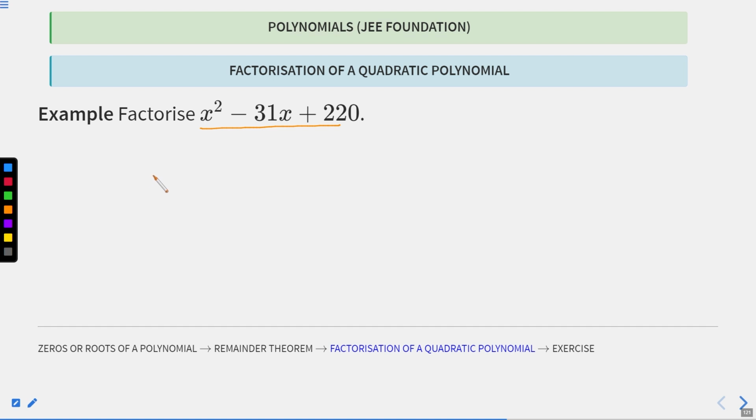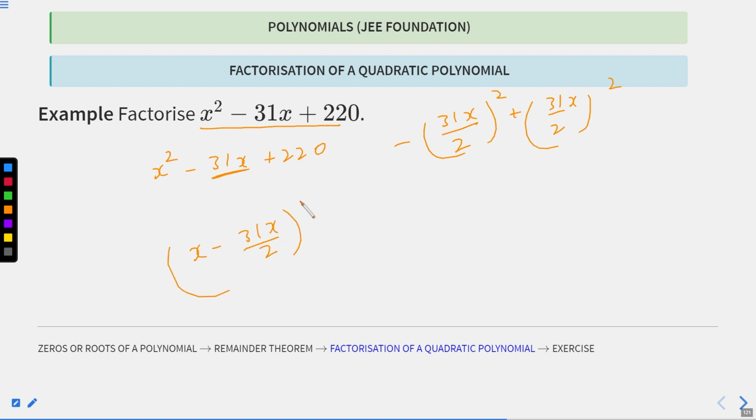It is quite easy. First of all, the coefficient is 1, so there is no need to take a common here, so just use the terms. What we do is take this 31 by x, divide it by 2, and add and subtract the square of it. So subtract and add 31 by 2 whole square. This means you will get x minus 31 by 2 whole square.